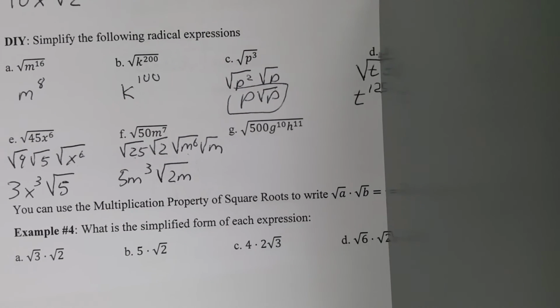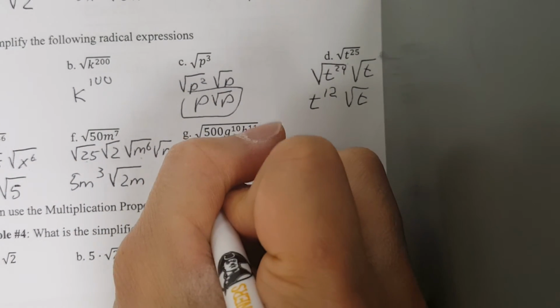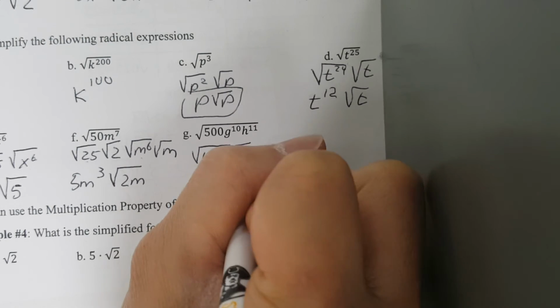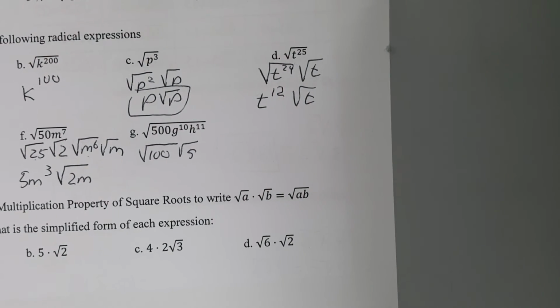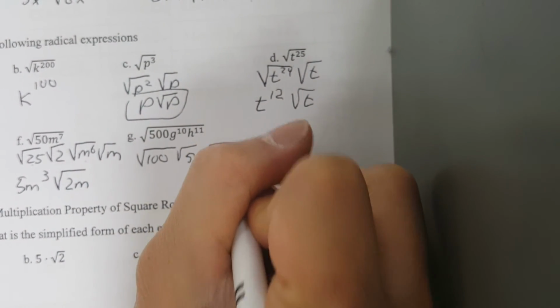Okay, and then letter G, 500 is really just radical 100, radical 5. And then I'm going to separate g to the 10th, just g to the 10th because it's even.